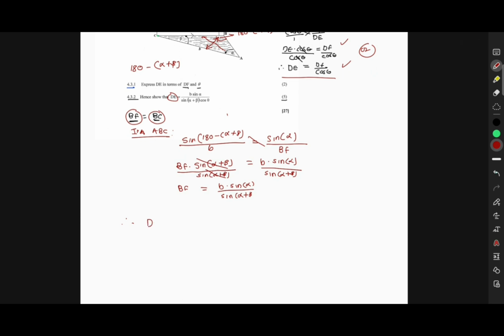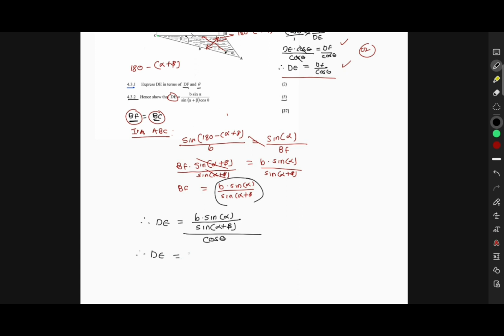DE equals, where there's BF, I'm substituting the whole of this, b multiplied by sine of alpha, everything divided by sine of alpha plus beta, then everything divided by cos of theta.